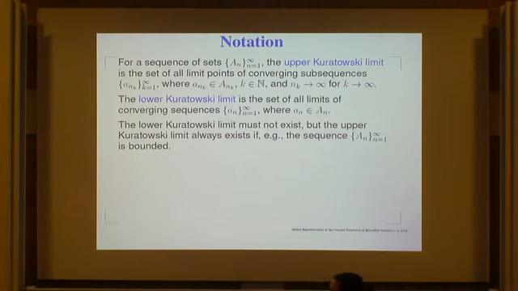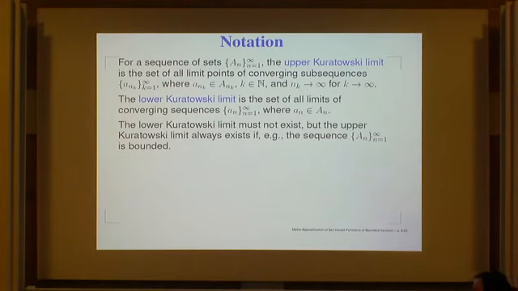So in this sense, the upper Kuratowski limit is this bigger set, but the lower Kuratowski limit are the limits of sequences that really go through all sets. And it's clear that in this case it can be only this.